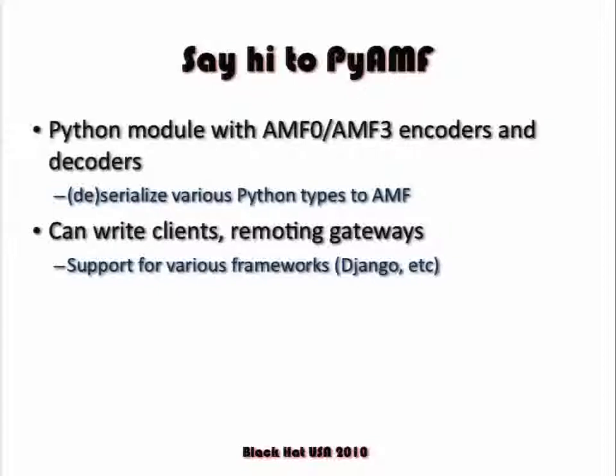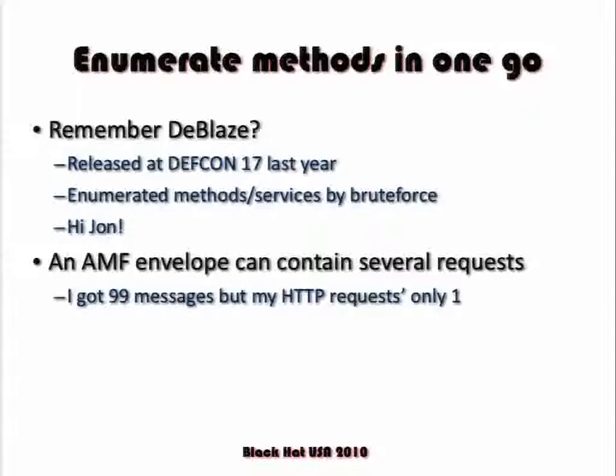If you remember from last DEF CON, one of my buddies, John Rose, wrote a tool called dblaze. It enumerated remoting methods and services on a Flex remoting server, one at a time, just by brute force. One of the things I noticed diving into Flex is that an AMF envelope can contain multiple AMF requests.